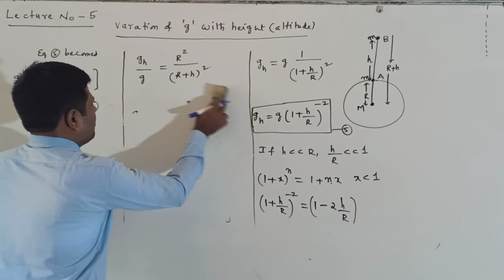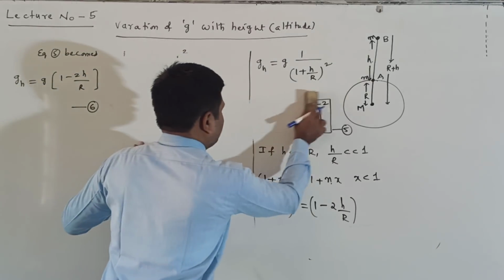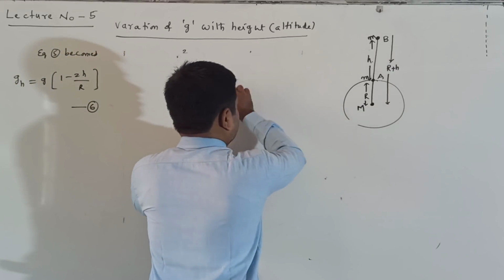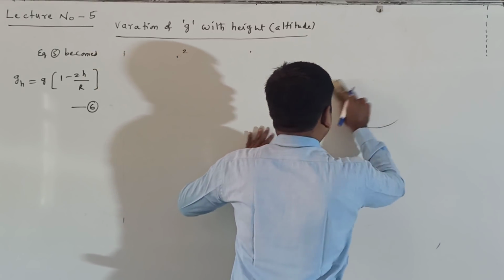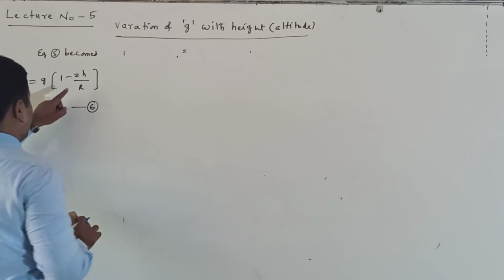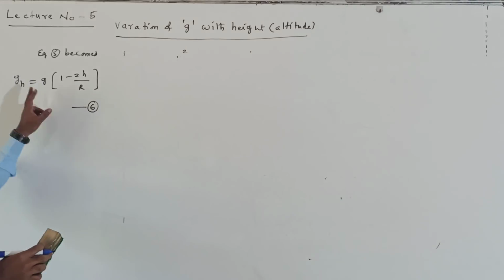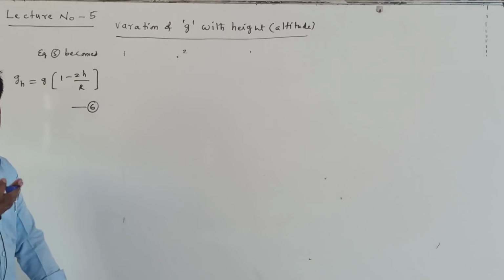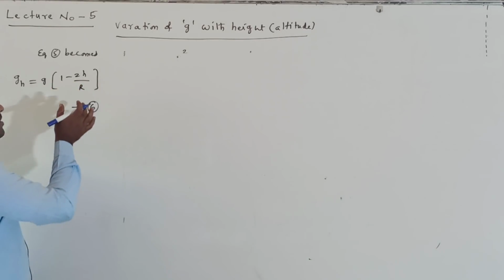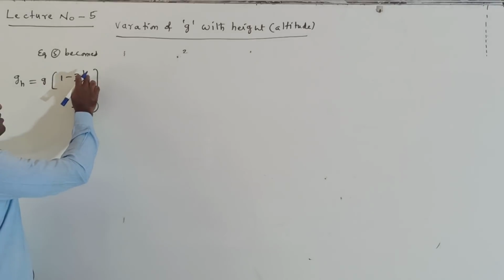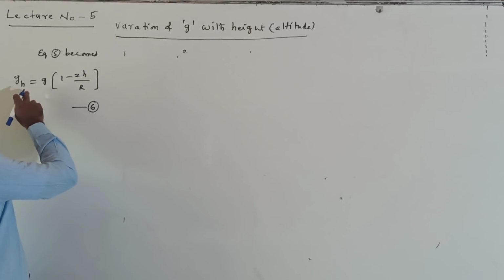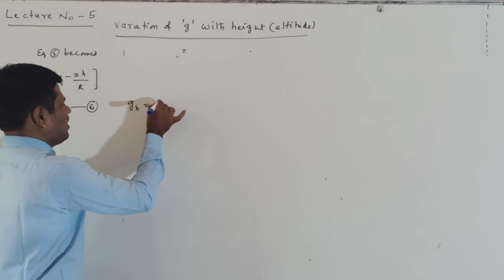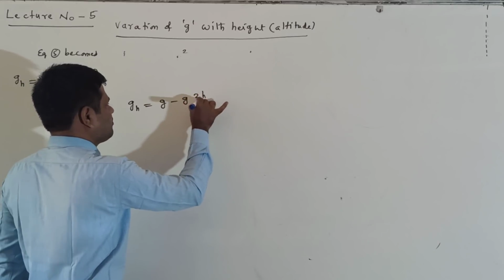Now listen here. From this formula we are saying that when the height h increases, does the g value decrease or increase? When h increases, the subtraction value increases. Here gh is equal to g minus g into 2h by r.